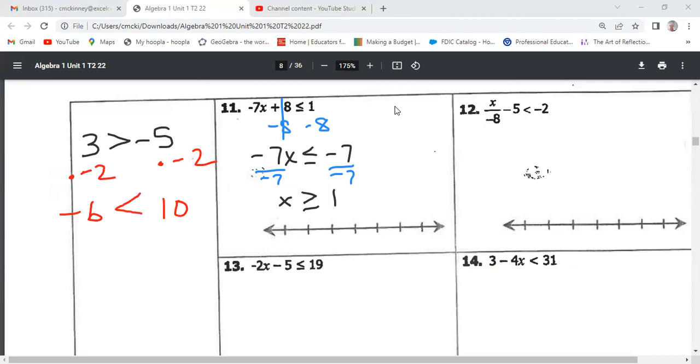Negative 6 is less than 10. So that shows us with actual numbers, and remember variables represent numbers, that when we multiply by a negative, because it kind of switches the number to the other side of the number line, it changes the relationship between the two.